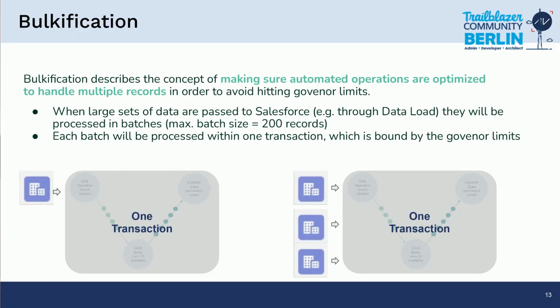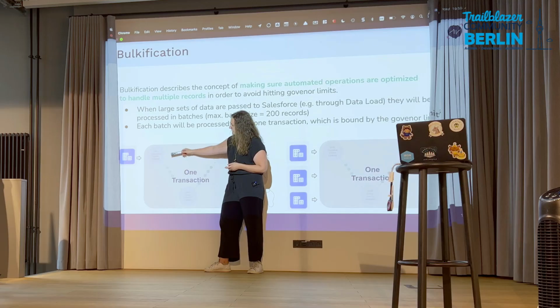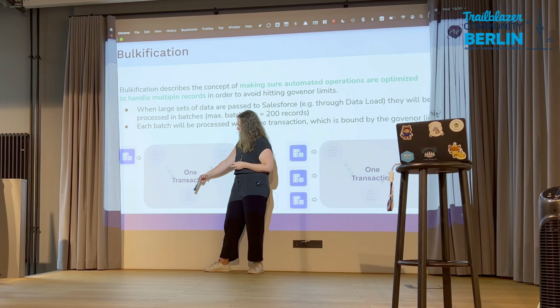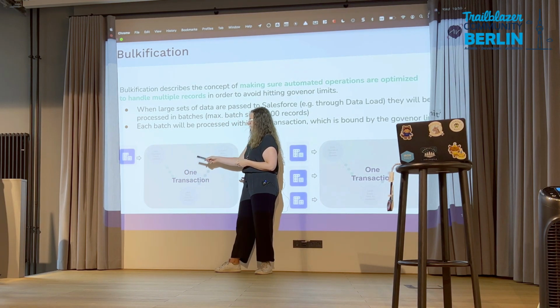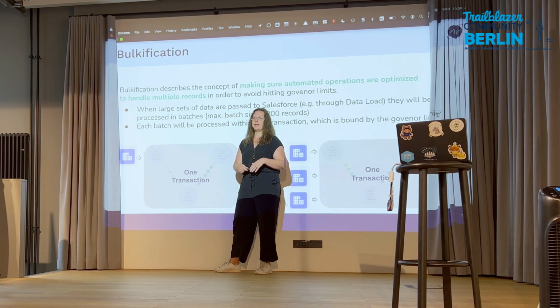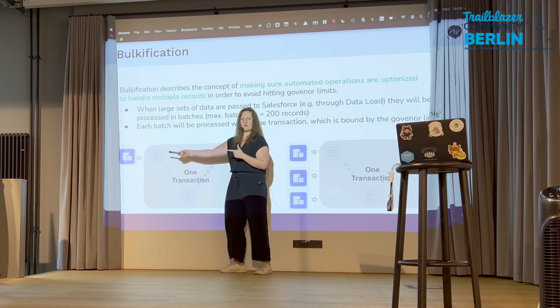So if you have one account coming in and being inserted, we've got before save logic, after save logic. That's bound by one transaction with the governor limits like SOQL queries and DML statements for that one record.